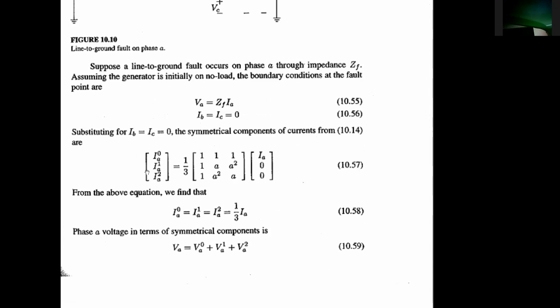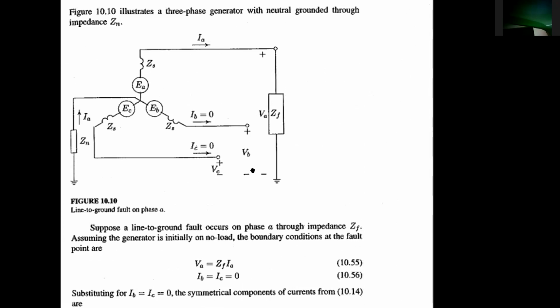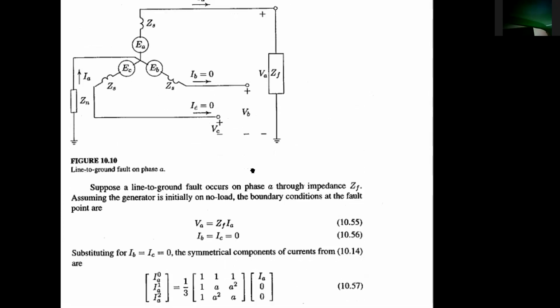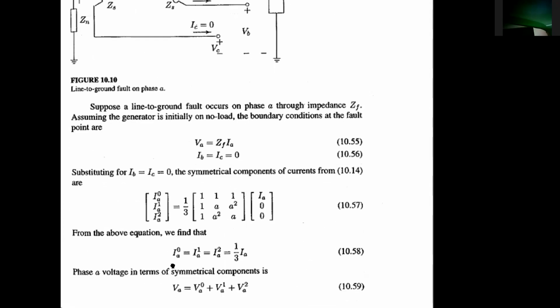Here you can see when we put the single line to ground, that was discussed in the last class. It is the matrix outcome, right? The simple multiplication will generate this expression, the single line to ground fault expression, when we have only IA present.